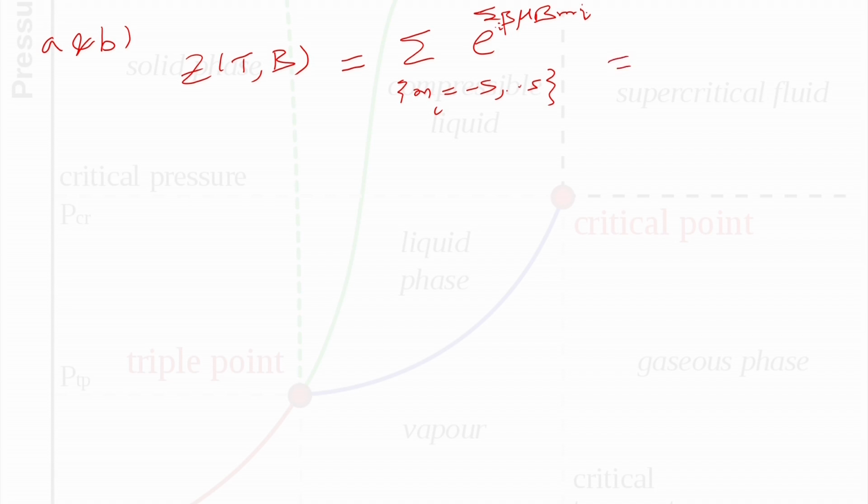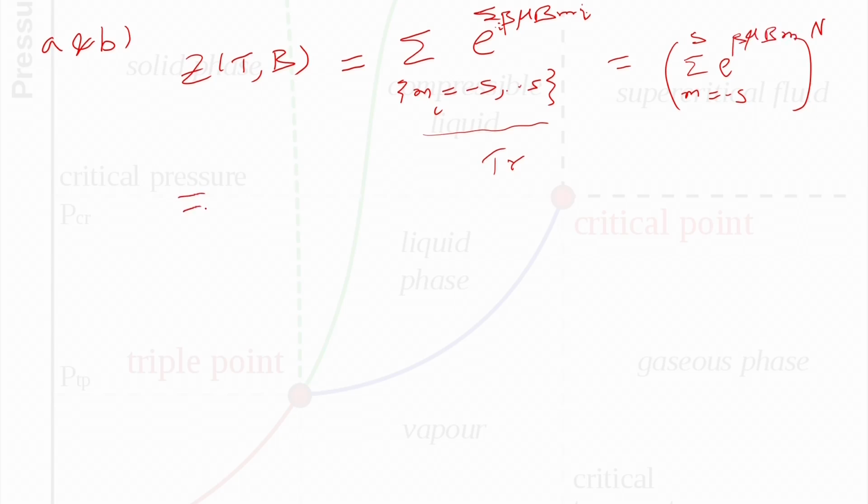Using the idea that you can flip the order of taking the trace and the summation in the exponent, if you can interchange those two, this is going to be something raised to N, and that something is the sum over m from minus S to S of e raised to beta mu B m. So the answer is going to look like this.